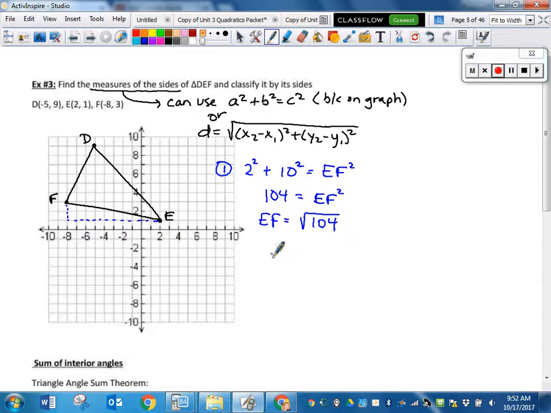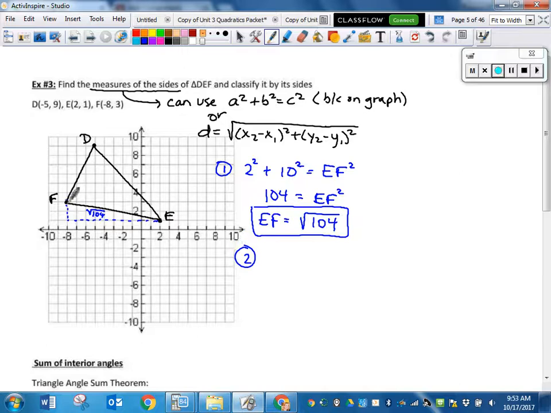And again, negative square root of 104 is also what you would find algebraically, but it's geometry, so we would reject that negative anyways. So we're just keeping the square root of 104. They did not say we had to simplify, so I'm not going to simplify here. Unless you need to practice.